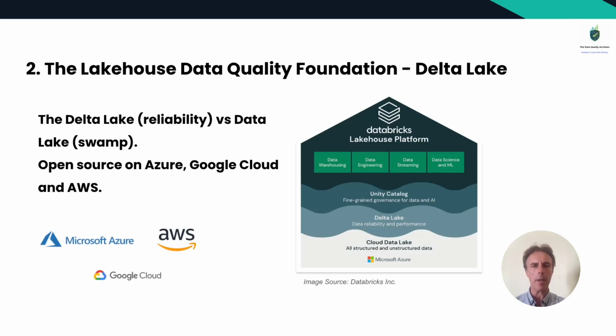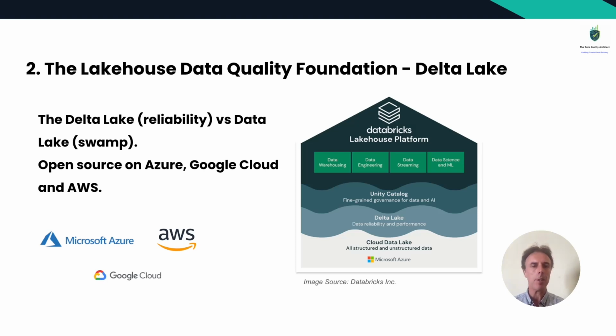So where does the Delta Lake fit in the overall Databricks architecture? Delta Lake serves as the critical storage layer that sits directly on top of your cloud object storage like AWS S3, ADLS, GCS. It is the technology that turns a standard data lake into a lakehouse by adding reliability, performance, and governance. The Delta Lake was built by the Databricks team. In turn, some of that engineering team were the original creators of Apache Spark.